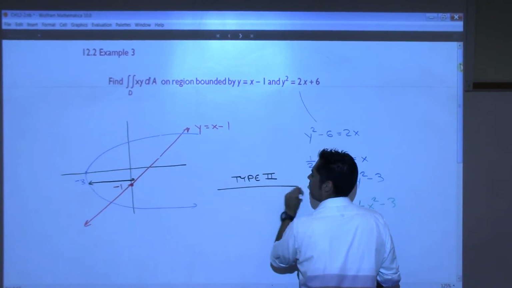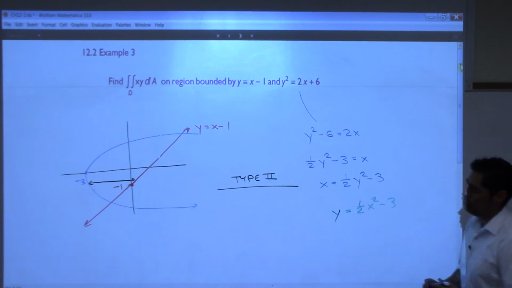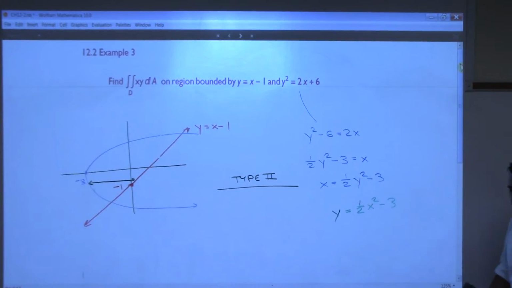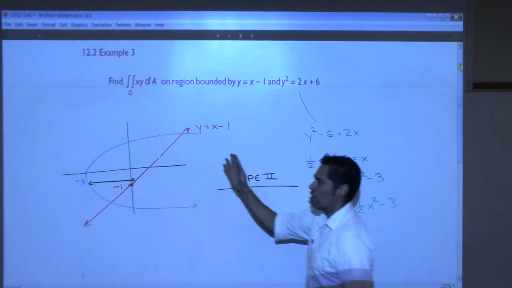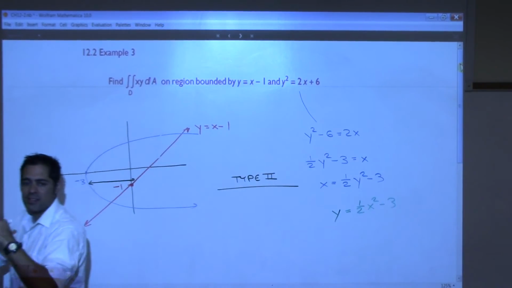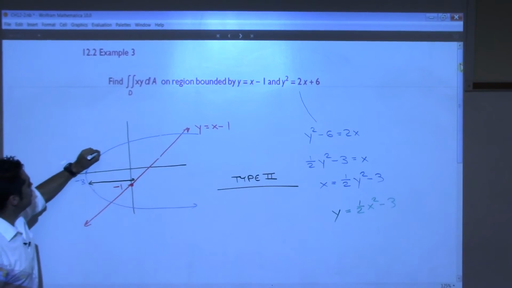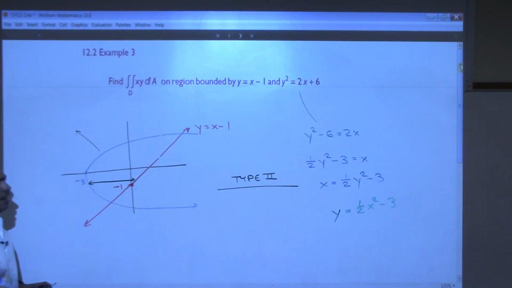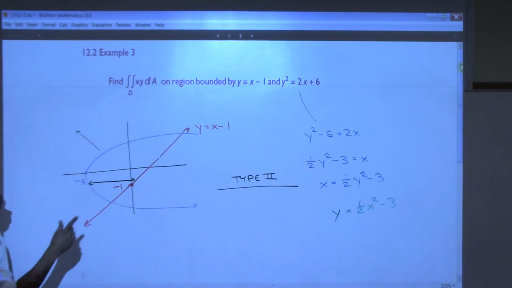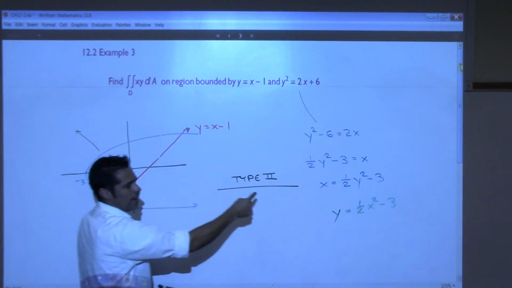For sure. And because it's type 2, what I need to do is rewrite these curves as functions of y instead of x. So can you tell me what this blue curve is as a function of y? We got it and solved it for x, didn't we?